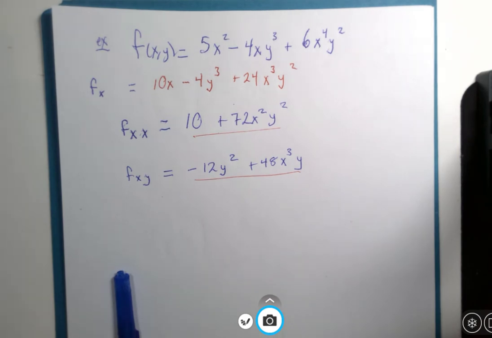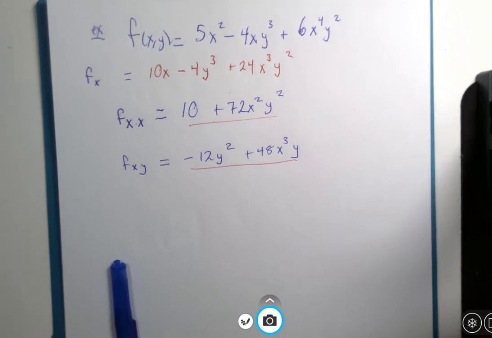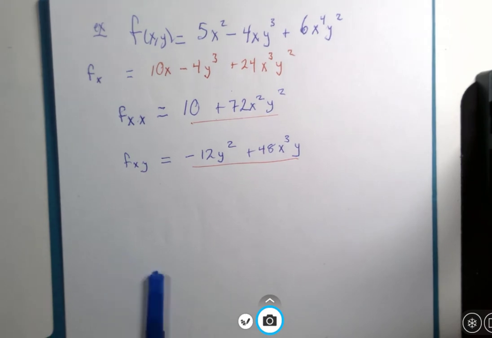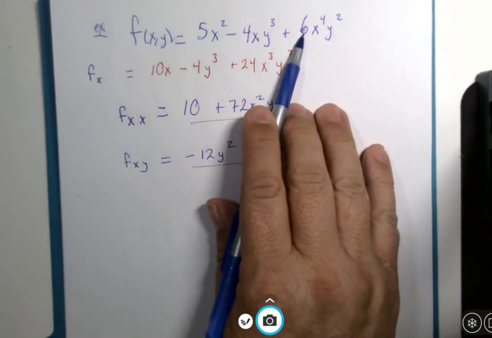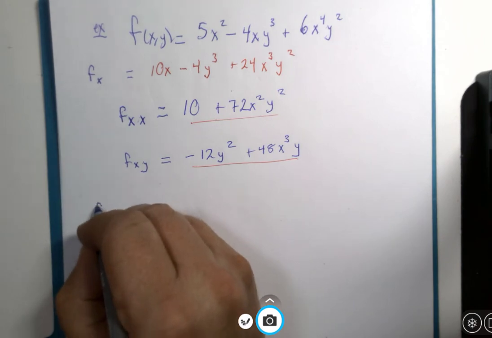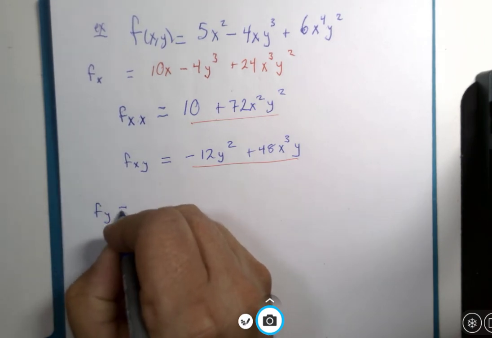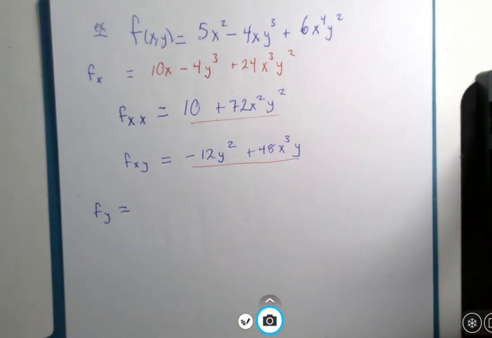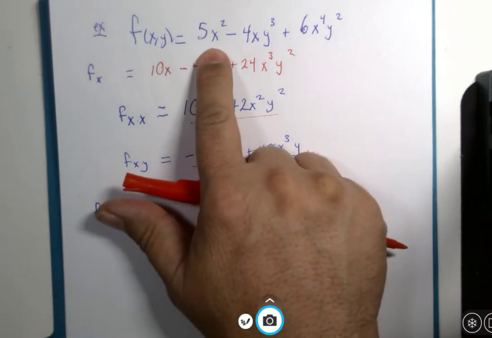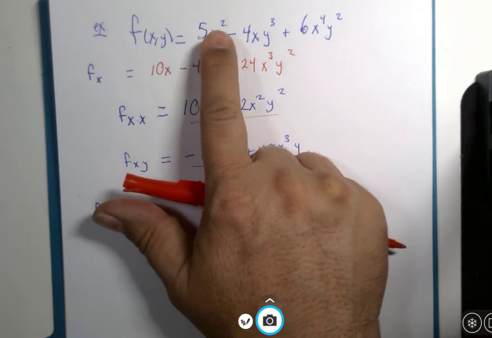Now I'm going to keep going here a little bit further. I want to go back to the very beginning and say, well, what if we had started with the y partial derivative? What would have happened next? Well, if y was the variable, then the derivative of 5x squared would be 0 because that would be a constant.